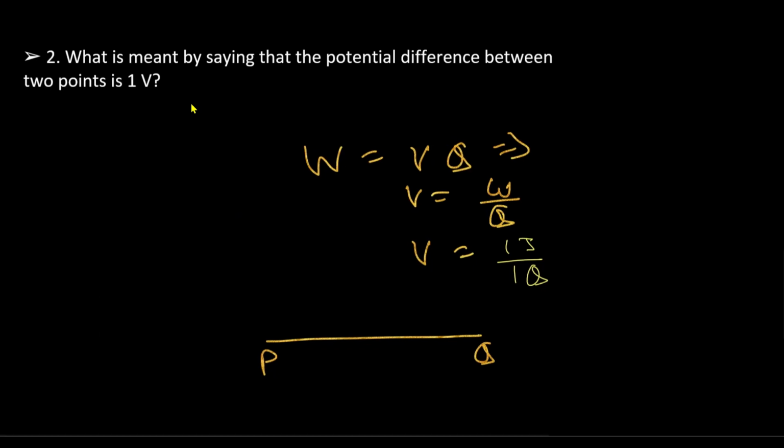So what you need to explain here is 1 volt. 1 volt is the potential difference when 1 coulomb of charge flows through a conductor and 1 joule of work is done. So we'll say that 1 volt is the potential difference when 1 joule of work is done in moving 1 coulomb of charge from one point to another.